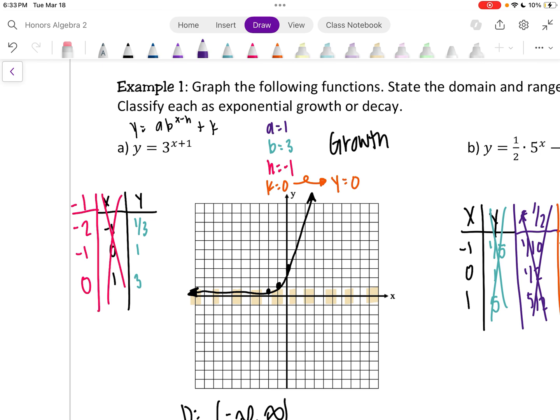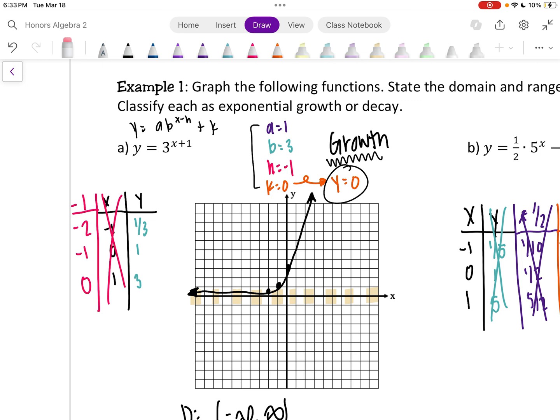So a in front of the 3 is just 1, b is 3, h is negative 1, and k is 0. I always define my letters, and then I find my asymptote and plot that right away. I also determine whether it's growth or decay, because that tells me whether it's going up like this for growth or down like that for decay.